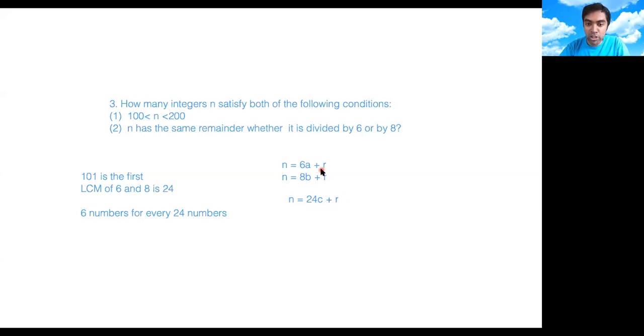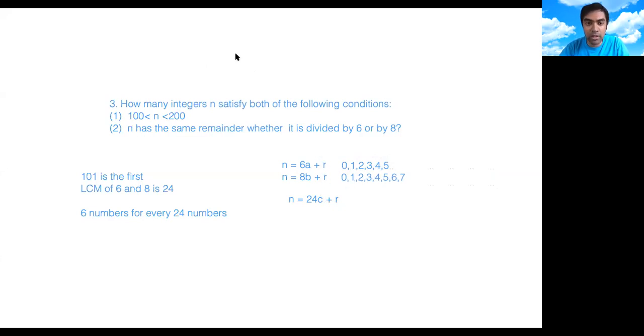So we know that r should be, in this case, some number 0 through 5 to be a remainder when divided by 6. And in this case, it should be a number 0, 1, 2, 3, 4, 5, 6, or 7. So it has to satisfy both of these, right?